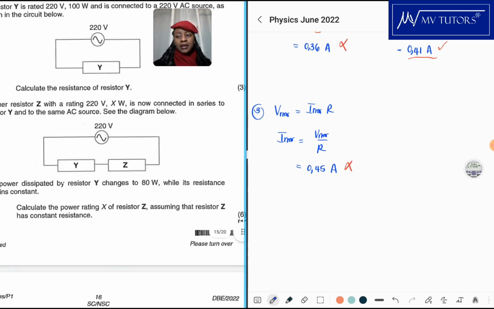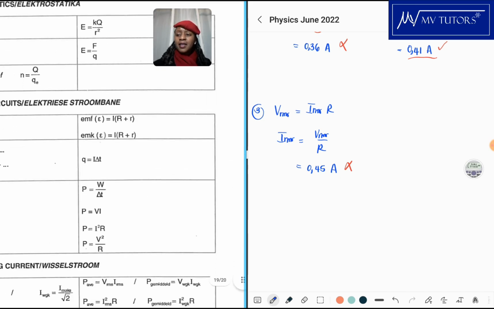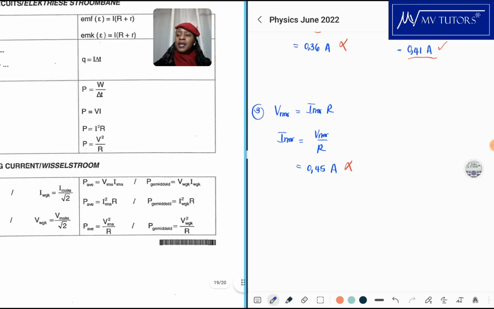Now how are we going to get the power? We go back to our equations and we say, okay, I can use P average is equal to V RMS times I RMS. That is the one that I would go for. Why?